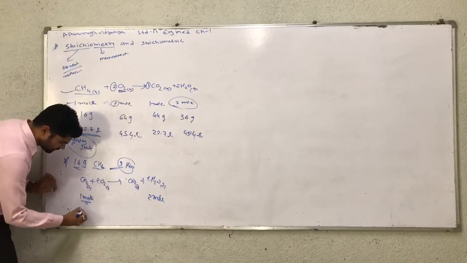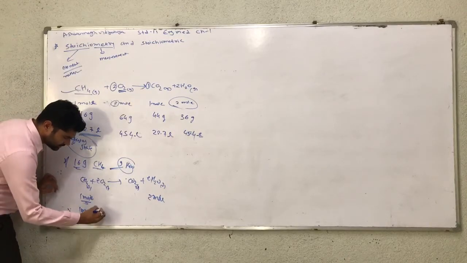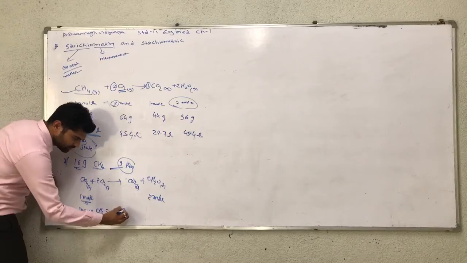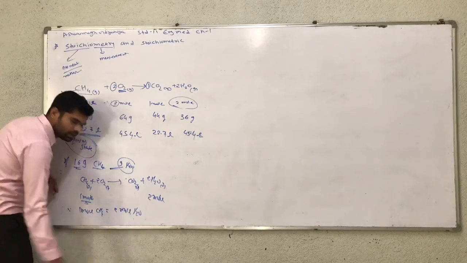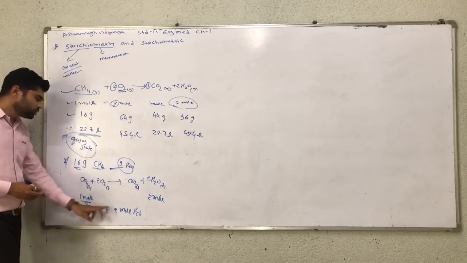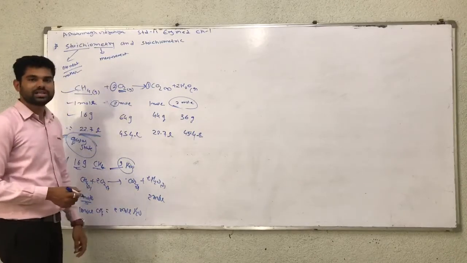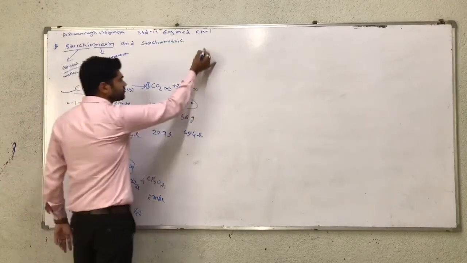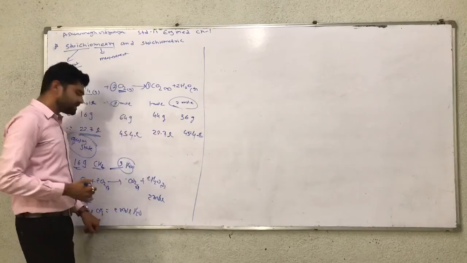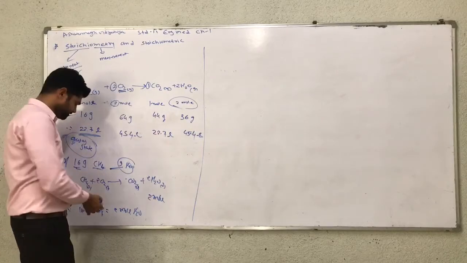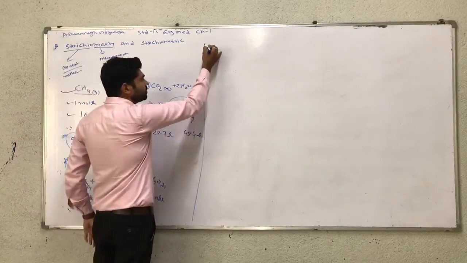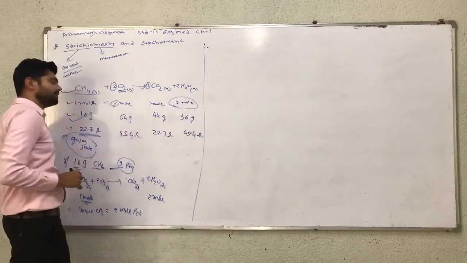So 1 mole CH4 is equal to 2 moles H2O. Now 2 moles H2O means molecular mass multiplied by 2. So 1 mole CH4 means 16 grams.